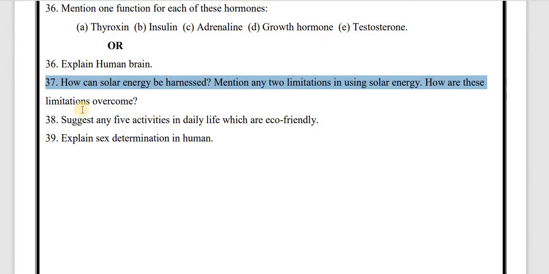So here we have to write how we can harness solar energy, what the limitations of solar energy are, and also how we can minimize the problems related to solar energy, or you can say how we can overcome the limitations. Those are the things we have to write in this question.